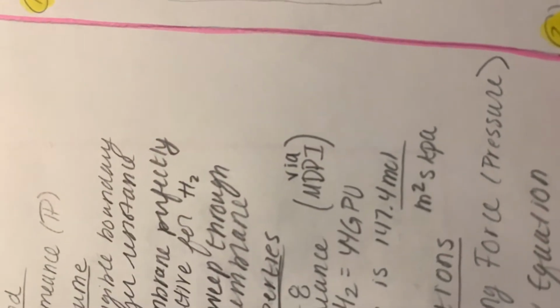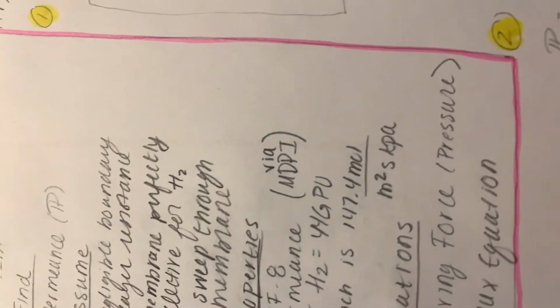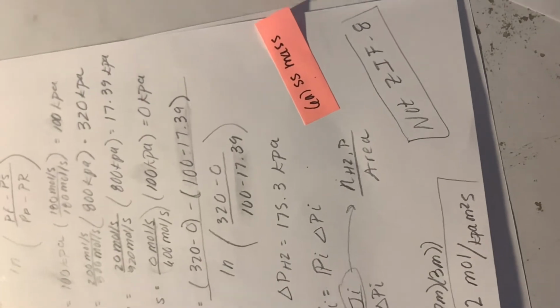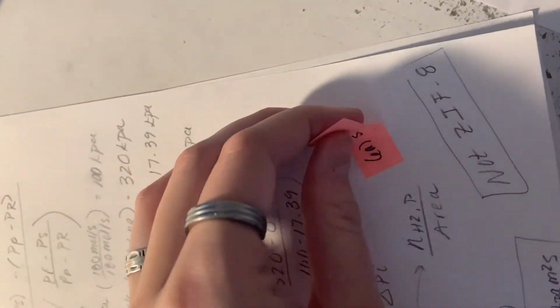Even if it wasn't perfectly selective, it should still be closer, so not ZIF-8. And this covers the steady state mass transfer as well, which is 6A.